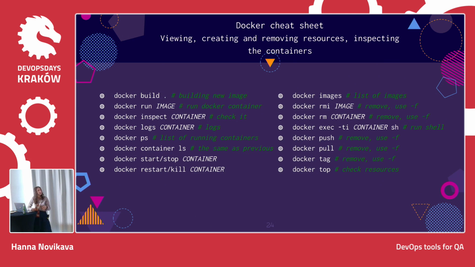But from the beginning, they should know how to build an image, how to run it, how to check logs, processes, and other things, and how to stop and start it. Also, a QA engineer should know how to create a new image, how to push it, how to pull it, and in general, how to create a new build.